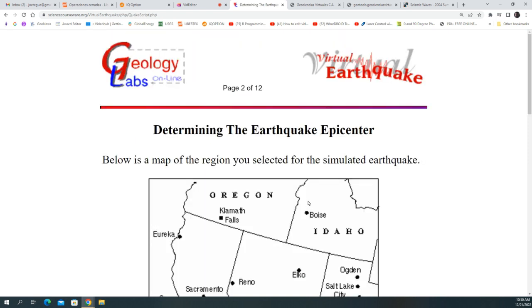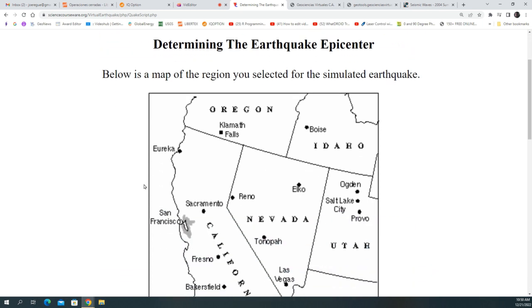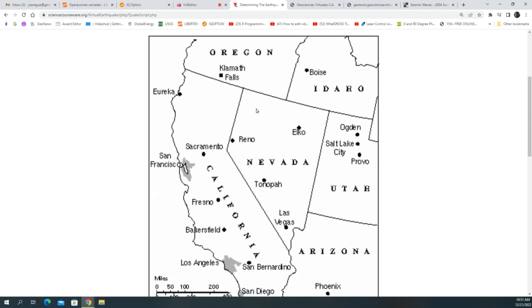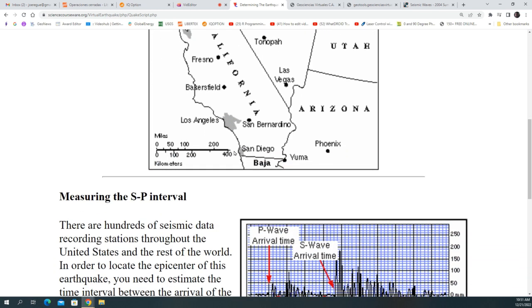So we choose that on the page. It gave us a map with a lot of stations. The little dots are stations. The earthquake is somewhere near San Francisco, so we have to locate it.